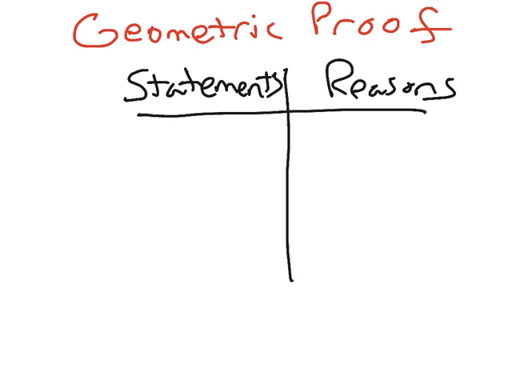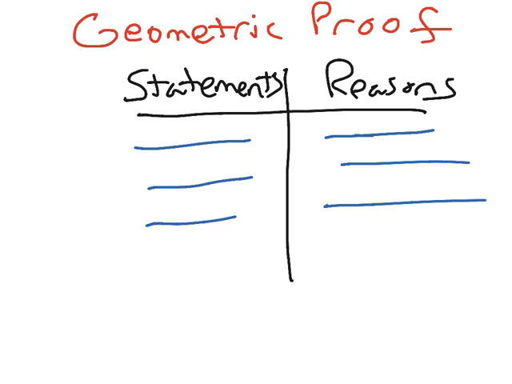Hopefully this scenario right here looks familiar to you. At this point in time, you might have some statements and reasons, statement, reason, statement, reason, and then you're trying to prove something is true. This is called a proof in geometry. So the point of having you learn about counterexamples is that you can go through a proof line by line and say, oh, okay, this is valid, this is valid, this is valid.